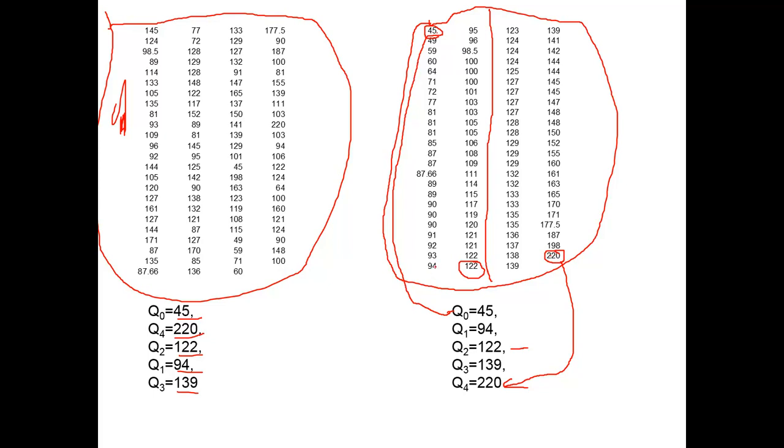The middle of the bottom half is 94, and the middle of the top half is 139. And so again, they fall in order. You find where they are to split up your data into four equal pieces. A fourth of your data is below here, half of your data is below here, a quarter of your data is above this, and this is your top value and this is your bottom value.